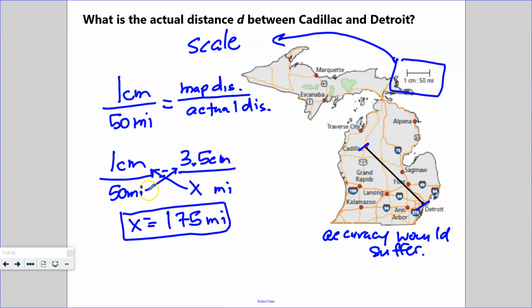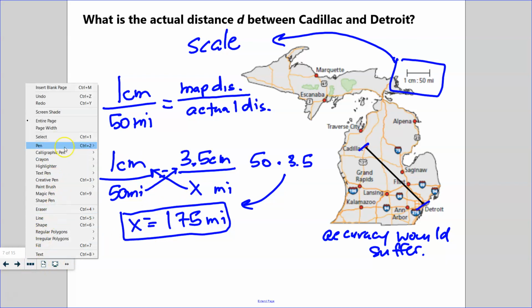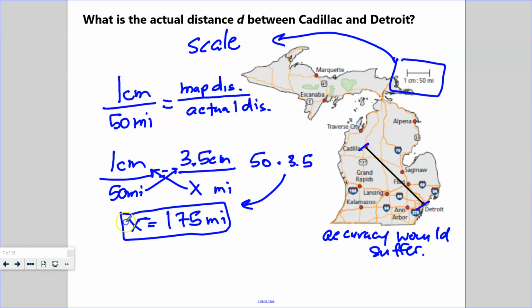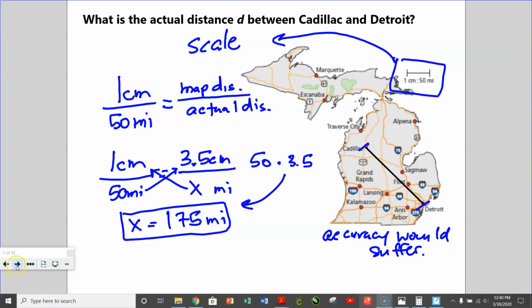Well, it came from multiplying 50 times 3.5. That's where that answer came from. If we had something attached to x, we would divide, obviously, but this is a one-step equation. Alright, so the actual distance would be 175 miles from Cadillac to Detroit.